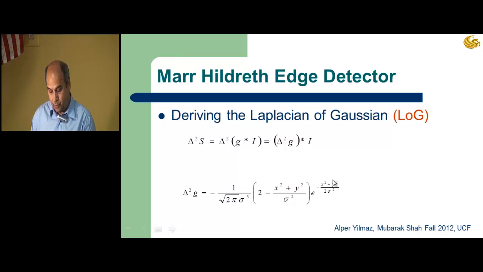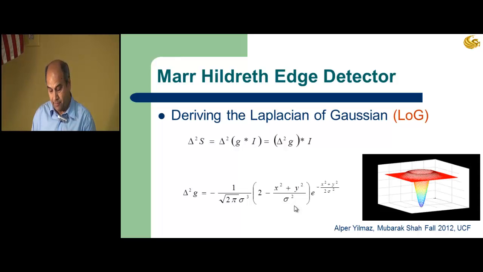If we do that, then this is what we are going to get, because taking the Gaussian expression, we differentiate with respect to x, then again with respect to x, and similarly for y, and this is what it will look like. Again, it's a good idea for you to do that yourself. Take the Gaussian and verify that this is the expression you get.